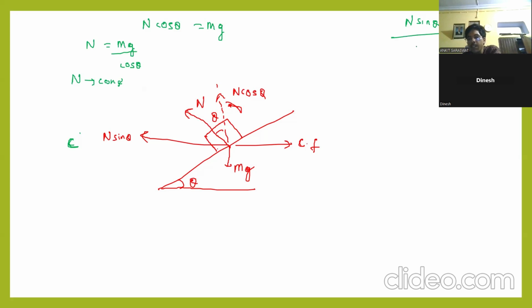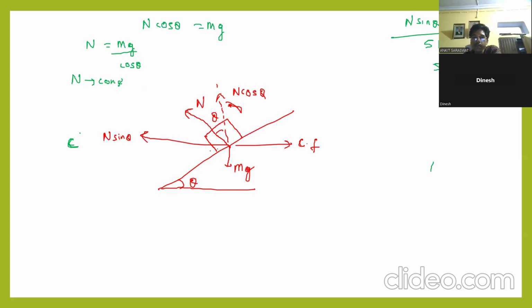N sin theta has a maximum value. How much maximum value? Let us suppose it is 5 Newton. Then for mv square by r, if it is 5 Newton, no problem. Clear? But if you increase it, for example to 7 Newton, while N sin theta is 5 Newton, then your car will skid outward.